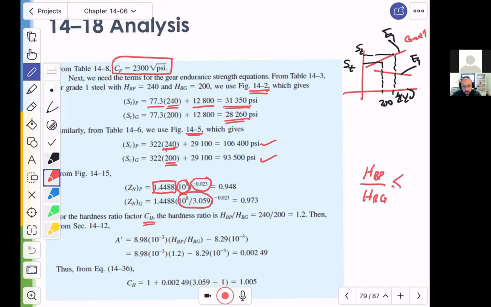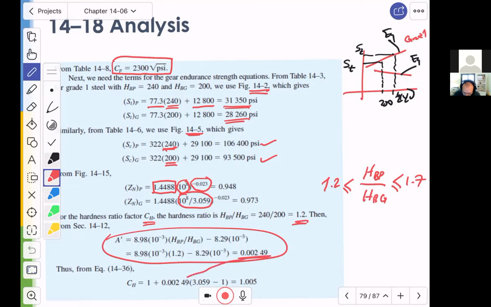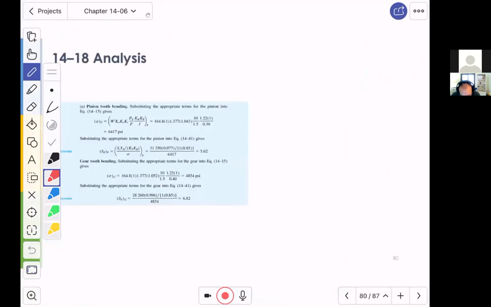If you recall, this ratio is supposed to be greater than 1.2 and less than 1.7, and we got lucky and got 1.2. If that's the case, we calculate A using this equation, then substitute A in here to get CH. That's it.